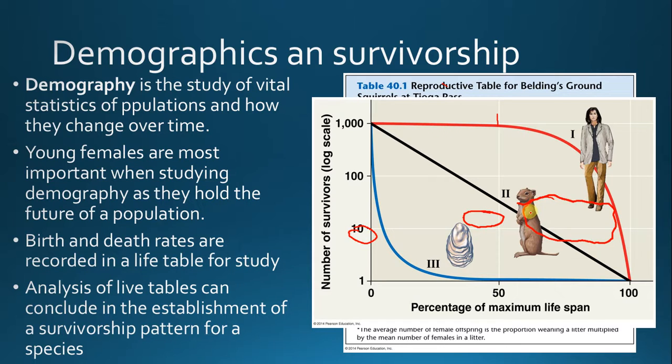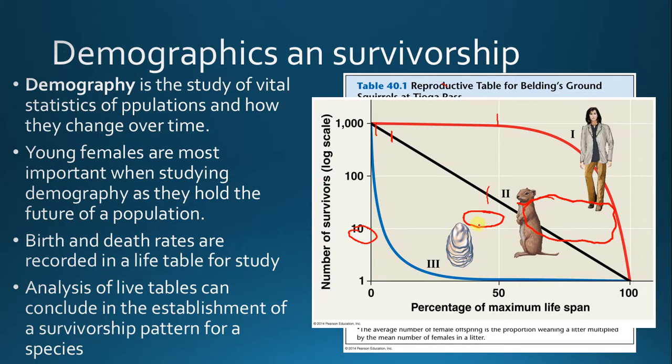Unlike that, ground squirrels have, no matter how long they live, an equal percent chance of living the next 5 years from year to year. So their probability of death, whether they're 2 years old or 5 years old, is the same.